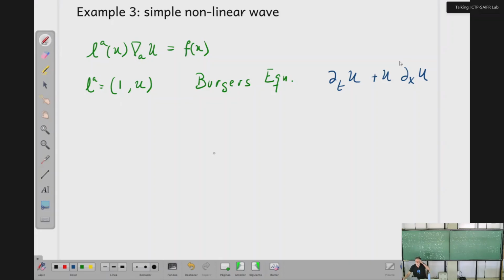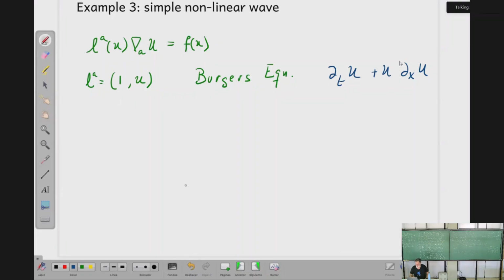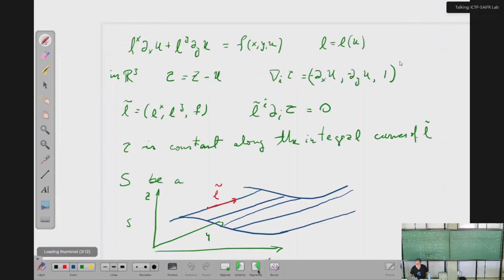This is Burgers' equation that we will evolve numerically. Then we can solve for these systems.